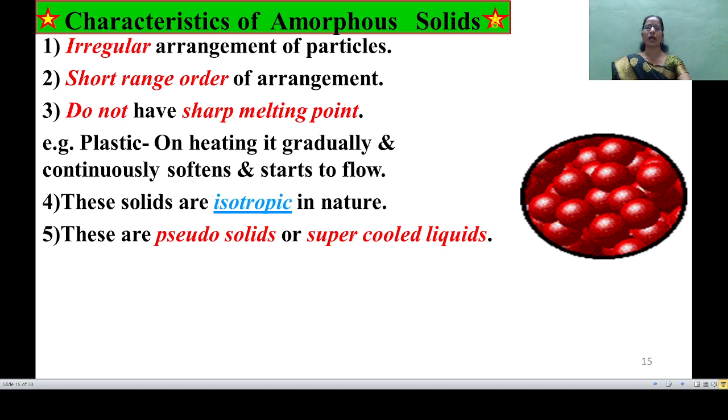Though the amorphous solids look just like solids, actually you will observe that they do not show some of the properties of solids, and therefore they are named pseudo-solids. Pseudo means false, or they are also called supercooled liquids.